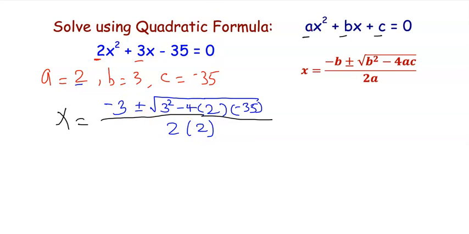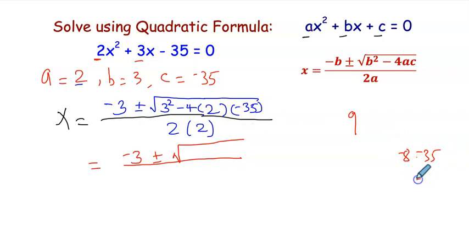Now carefully we'll simplify. Negative 3 plus or minus, in the formula I have that plus or minus square root of b square minus 4ac. What is this? 3 square is 9, 3 times 3 is 9. Now minus, negative 4 times 2 is negative 8, times negative 35.